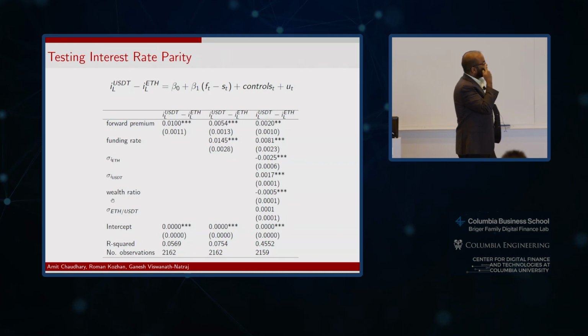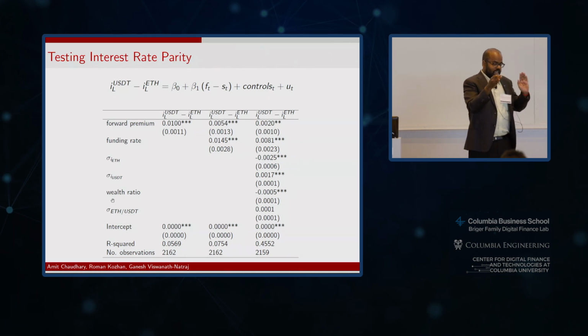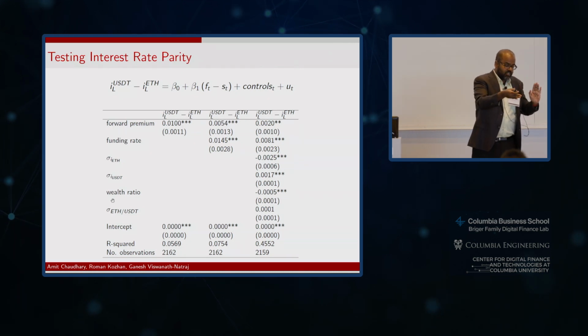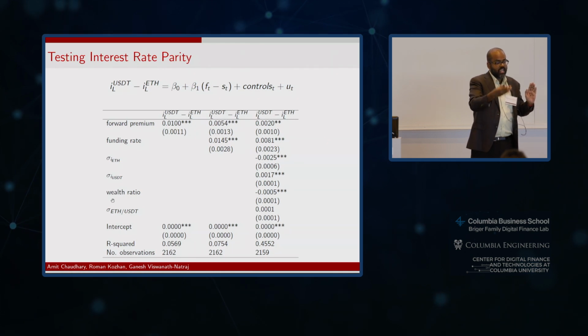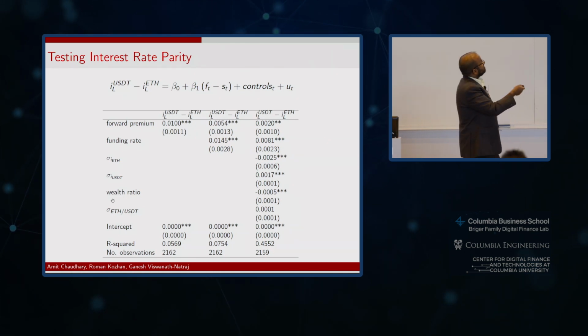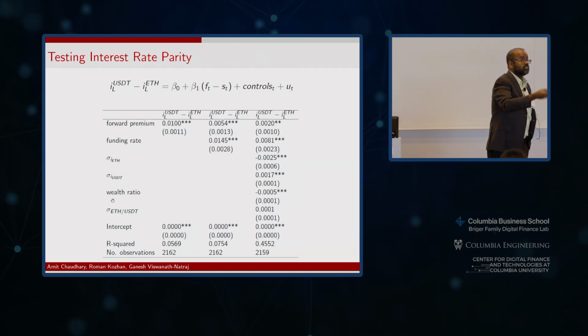One thing I would like to note is that the coefficients are very small. Here we are looking at an 8-hour period because the funding rate, as I mentioned, is calculated every 8 hours. And we find that the interest rates are correlated with the futures premium, but not with a coefficient of 1. It's actually much smaller than 1.